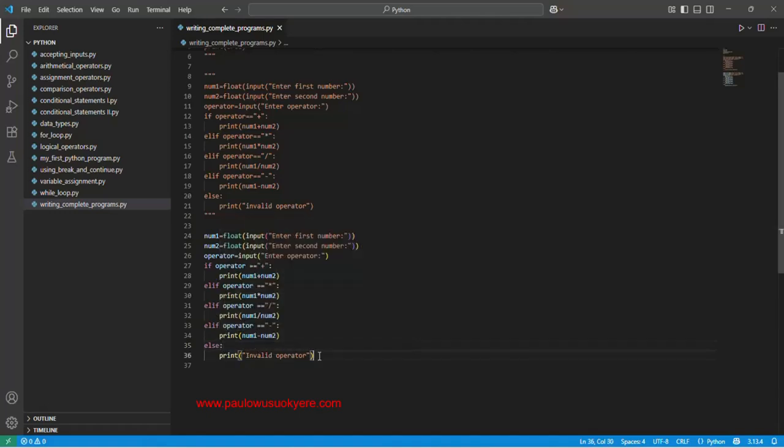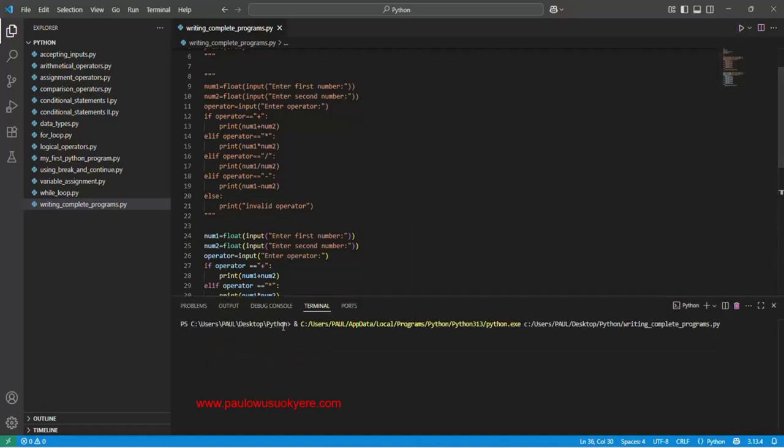Okay, so now let's run it and see. It says enter first number, I enter 5. It says enter second number, I enter 10. I press enter. It says enter operator, and I enter plus. Then I press enter. You see 15.00.